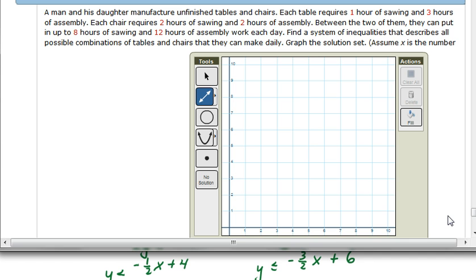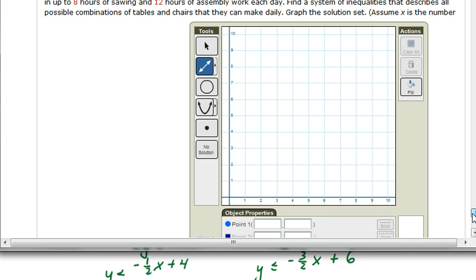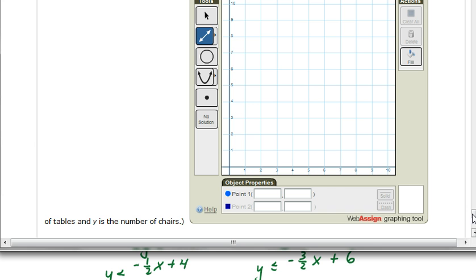And within the line tool, we're going to choose 2 points on the line y equals negative 1/2 x plus 4.